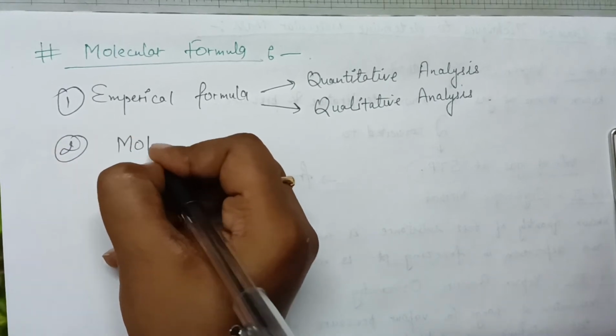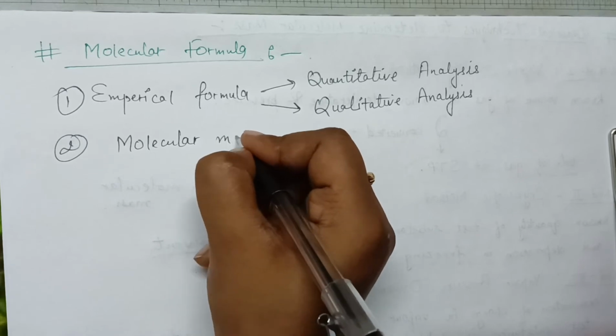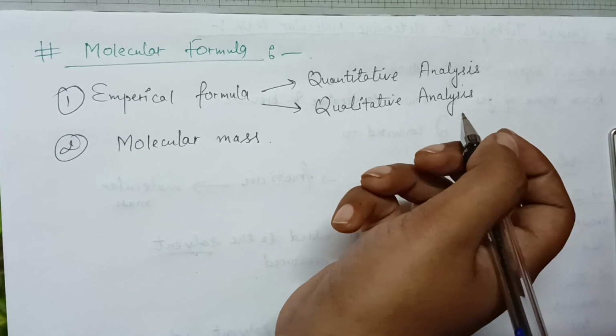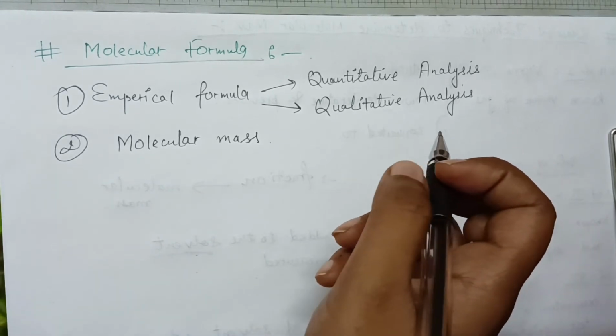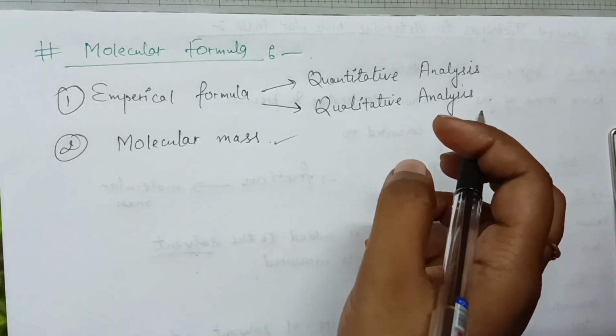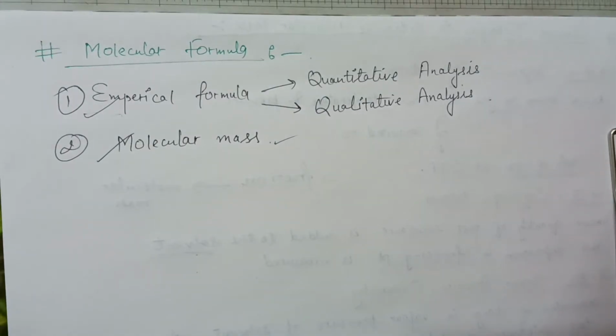Then, using mass spectra or any of the classical methods, suppose we have found the molecular mass of that unknown compound. So now we have the empirical formula and the molecular mass.